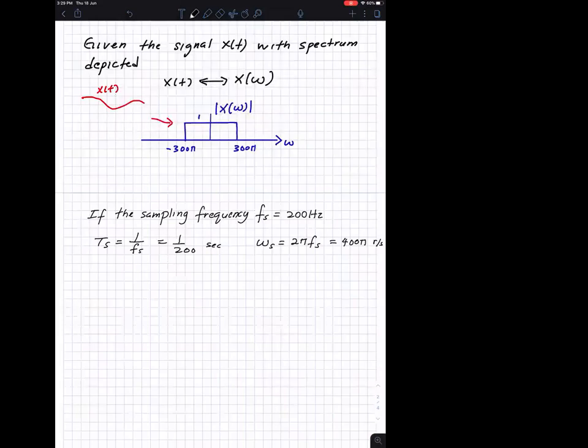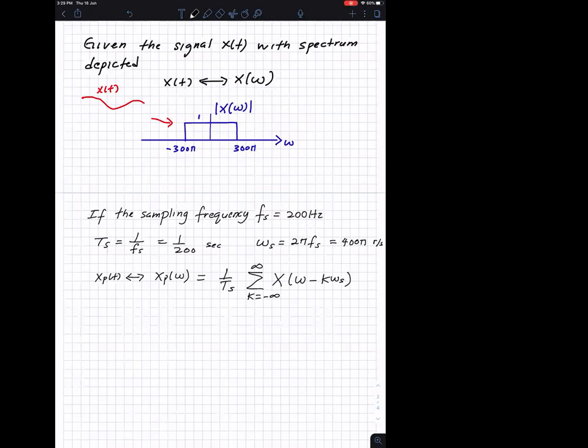The Fourier transform of the sampled signal is Xp(omega), which was given as 1 over Ts, the summation over k equals minus infinity of X(omega minus k omega s).